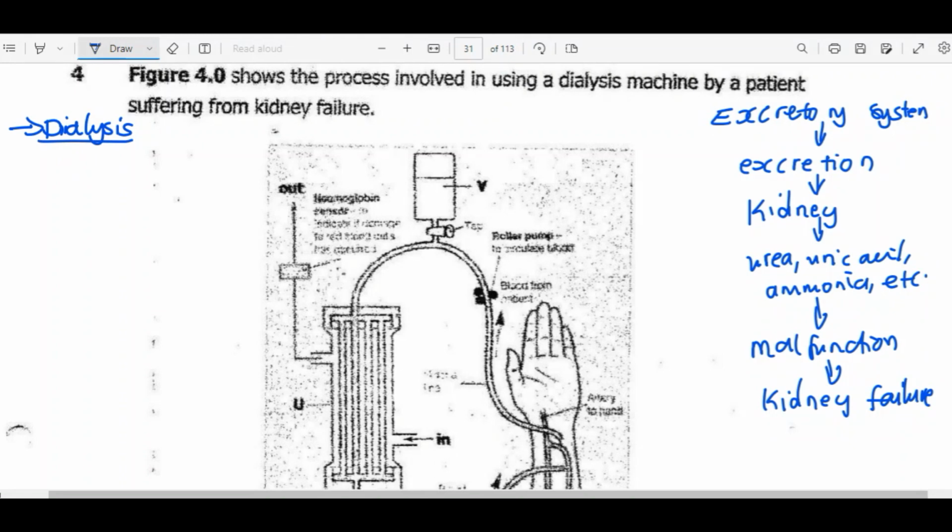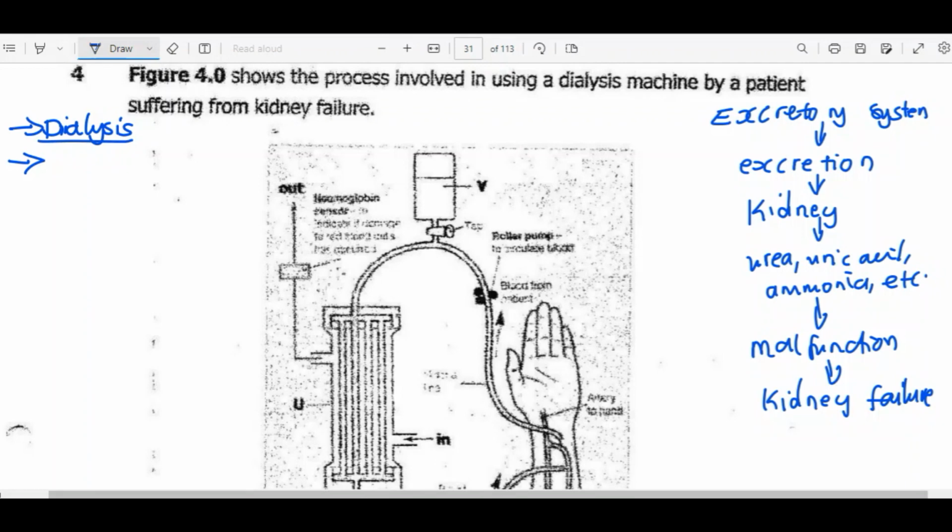Now, apart from that, this dialysis machine has structures known as dialysis tubes. They are there to increase the surface area for diffusion of waste products, because the process by which the waste products are removed from the blood into the fluid is diffusion.